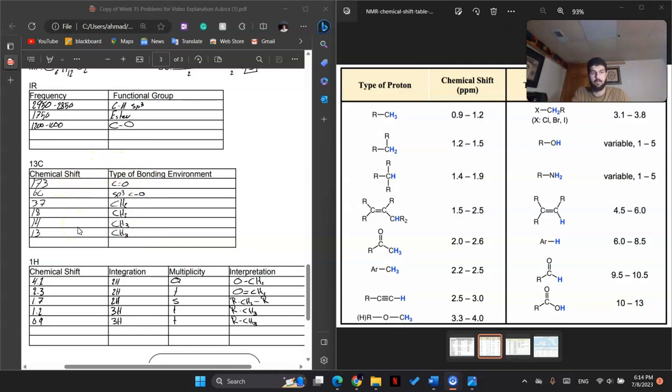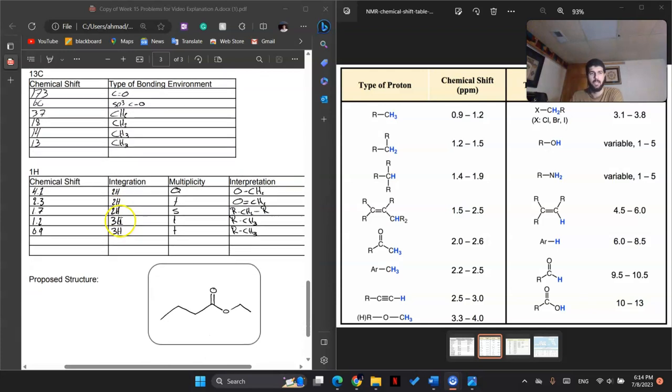And then this is the interpretation that I have gathered from the CNMR. As I have mentioned previously, the 173, the very far peak on the spectra, indicated that I have a C double bonded to an O. And then following, I had an sp3 C single bonded to an O, followed by a CH2, the one closer to the C single bonded to an O, and the very close last two peaks of CH3.